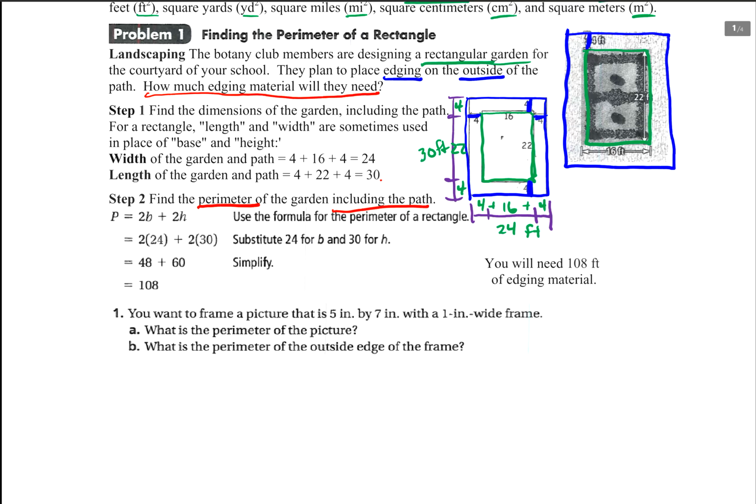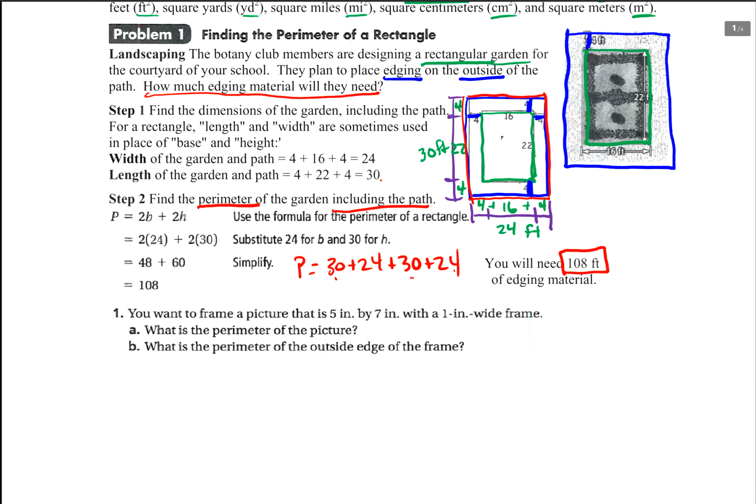So I would just do perimeter equals 30 plus 24 plus 30 plus 24. Or you can use the fancy one for a rectangle, because you see 2 times 24 there and 2 times 30 there. And we get the perimeter is 108 feet. So to walk around all of these edges, we will have gone 108 feet.